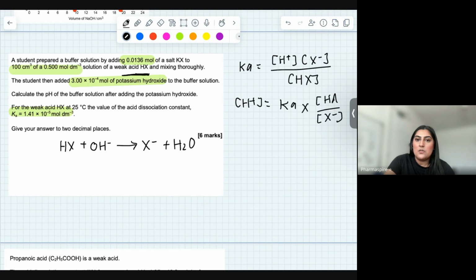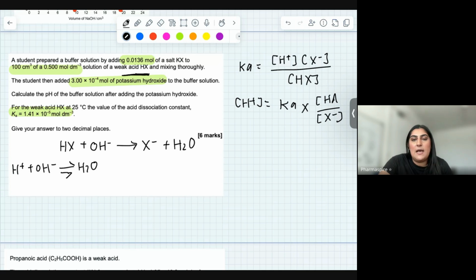So when you have a buffer, when you add OH minus, what will it generally react with? Looking at this equation. Acid, because it likes to fulfill the neutralization equation.